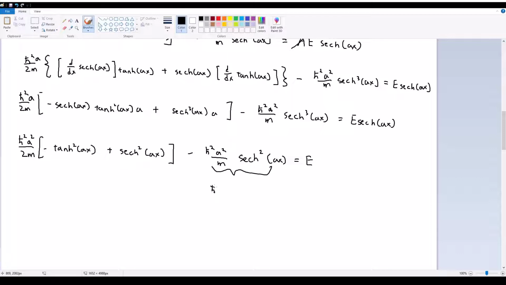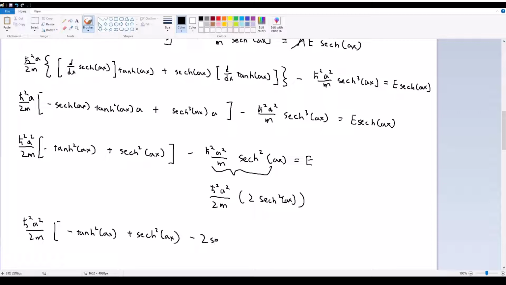If I rewrite this as h bar squared a squared over 2m, and then multiplied by 2 hyperbolic secant squared ax. So if I do that, then I can rewrite this whole thing as h bar squared a squared over 2m times negative hyperbolic tangent squared ax plus hyperbolic secant squared ax minus 2 hyperbolic secant squared ax.